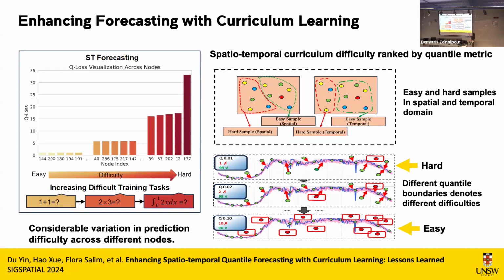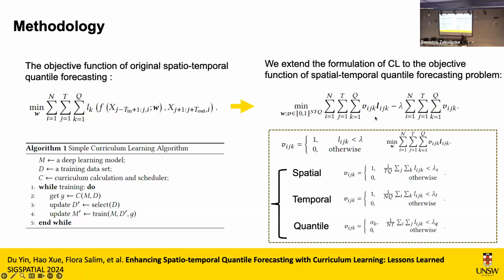And there are 2 categories as well: easy samples spatially or easy samples temporally, in terms of the quantile metrics. I'm going to skip the details, take a look at the paper. We just extended the formulation of curriculum learning to spatial temporal quantile forecasting.